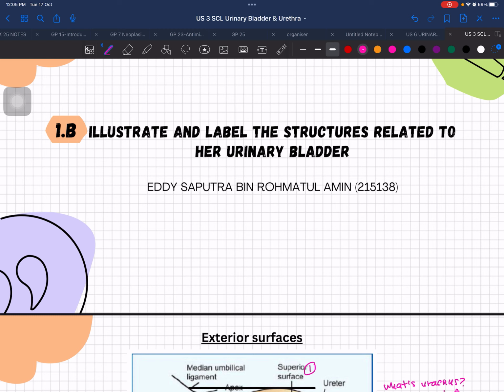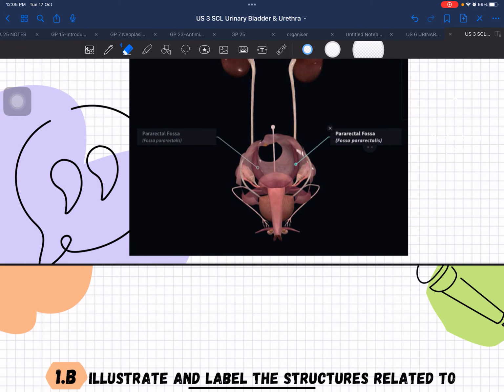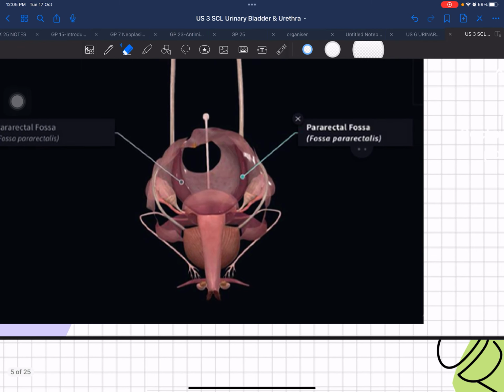This cavity is formed by the peritoneum that surrounds the rectum, and also the peritoneum that surrounds... I'm not sure what the other part it surrounds, but it forms a fossa basically. And yeah, that's about it.